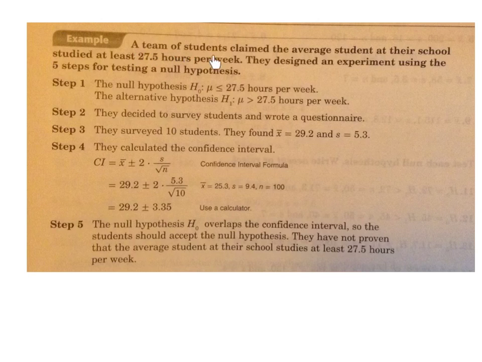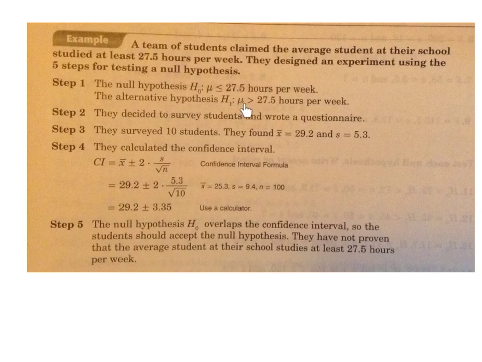So we have a team of students that comes to us and they claim that the average student studies 27.5 hours per week. And we go, nah, prove it. So they design an experiment and they test that null hypothesis. The null hypothesis is, no, there's less than that. All right, we think it's probably less than that.